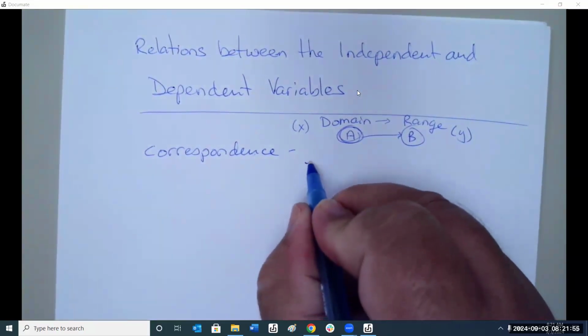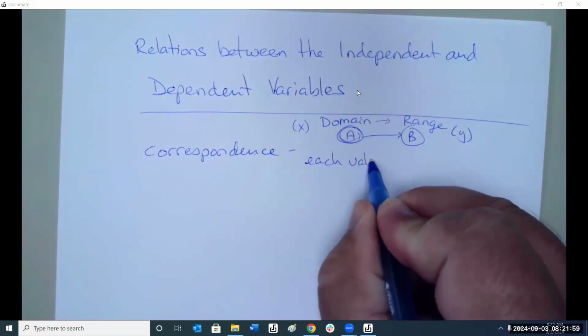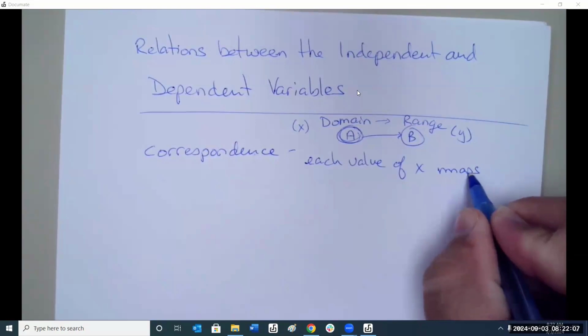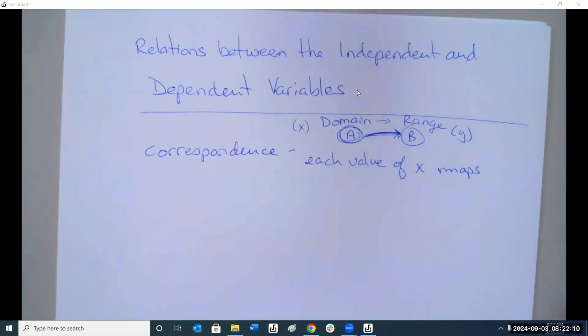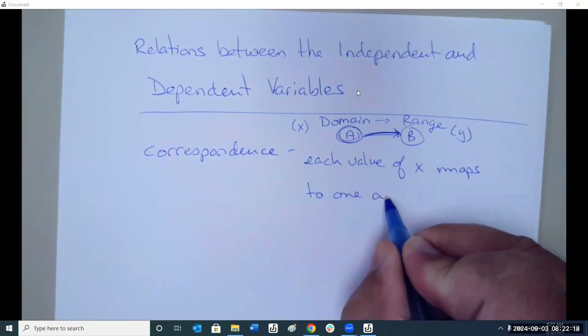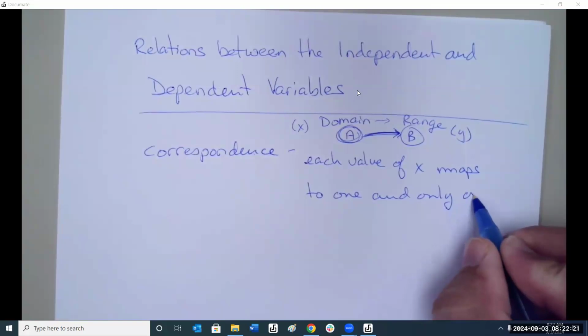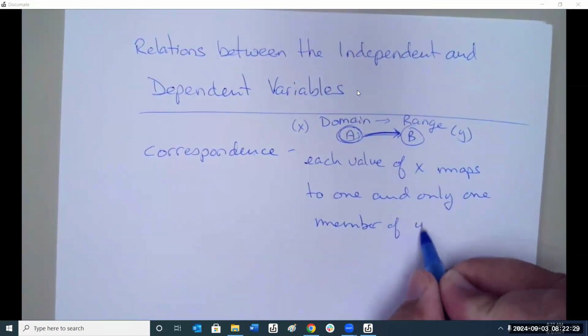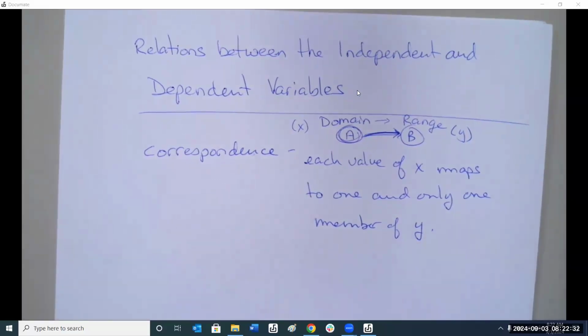So what it says is each value of x maps, we call this little arrow maps, when each value of x maps to one and only one member of y, or one-to-one member of y. That's a correspondence.